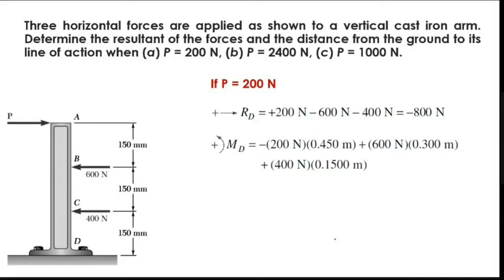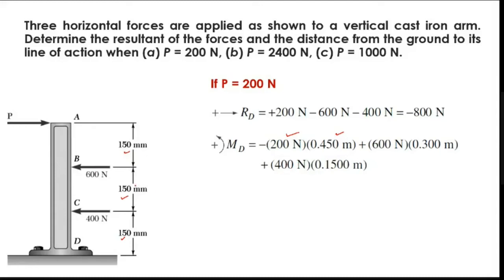Next, I'm going to take moment at point D. If I take moment at point D, what happens? 200 into distance, where the distance is 150 plus 150 plus 150, so totally 450. So 200 into 450, rotating clockwise, minus. Others are anticlockwise.